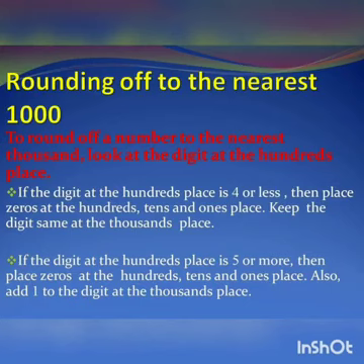Keep the digit same at the thousands place. And if the digit at the hundreds place is 5 or more than 5, then place zeros at the hundreds, tens and ones place. Also add 1 to the digit at the thousands place.